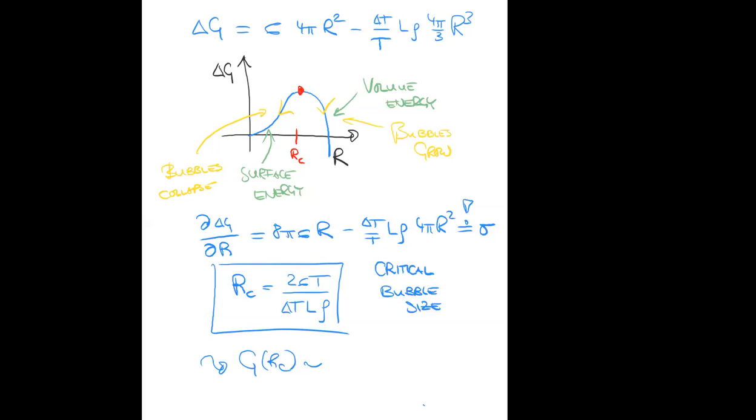So this will go as sigma cubed T squared divided by delta T squared divided by L squared and divided by rho squared. And so this is the Gibbs free energy required to make a critical size bubble, so one that's likely to grow.